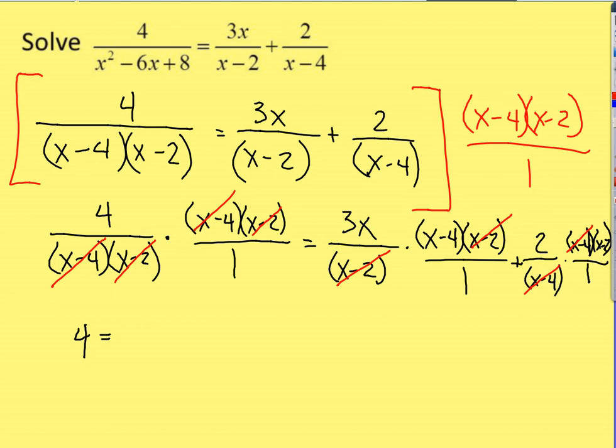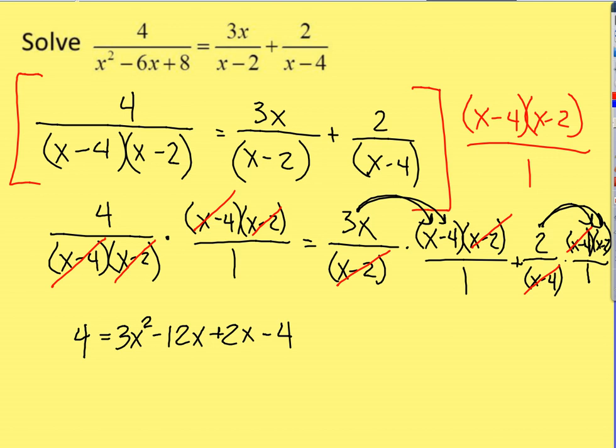to, over here we are going to have to distribute that 3x to both pieces, so 3x times x gives us 3x squared. 3x times negative 4 gives us negative 12x. And then we're going to distribute that 2 to both pieces. 2 times x gives us 2x. 2 times negative 2 gives us a negative 4.